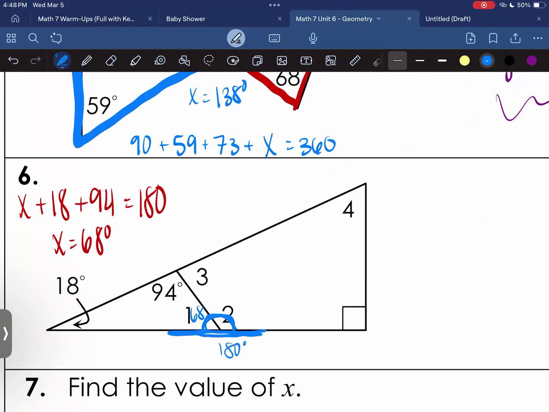Now you can set up your equation. 68 plus y equals 180. But all you really have to do is do 180 minus 68. And we're going to get that y equals 112 degrees. So angle 2 measures 112 degrees.